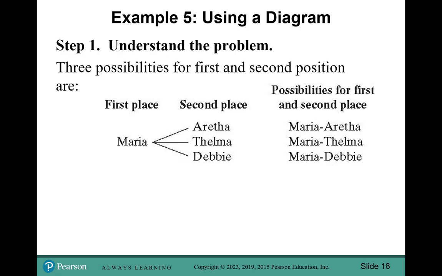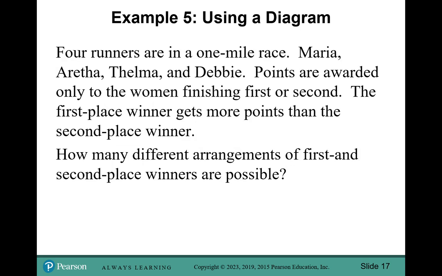Okay. Let's understand the problem. There are 3 possibilities for first and second position. So, let's say, for instance, that Maria takes first place. Because there are 4 friends here, Maria, Arthrea, I'm probably saying that name wrong, Thelma, and Debbie.